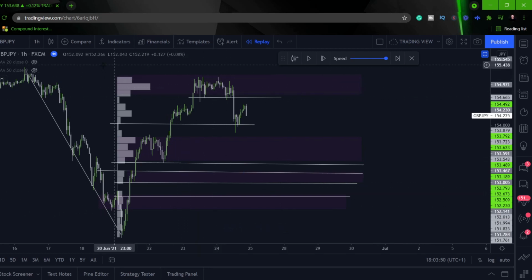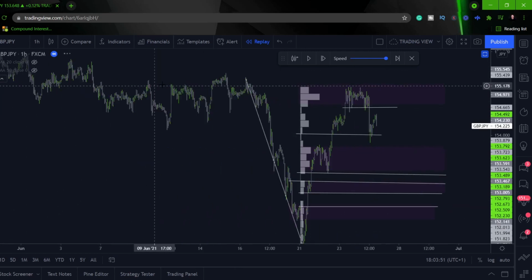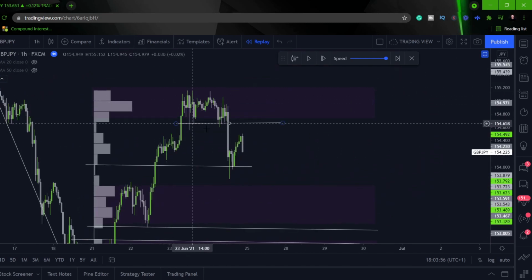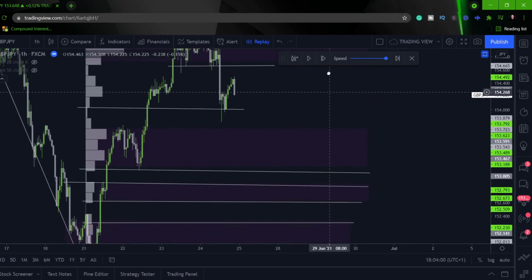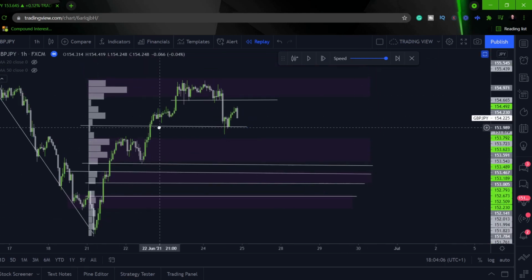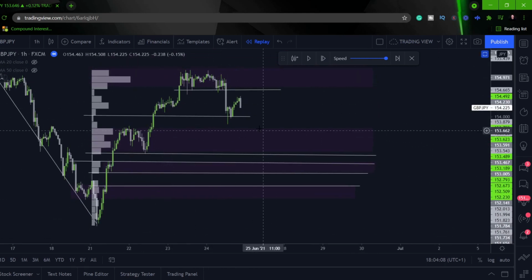Obviously we know that we've just tapped into an old demand zone through here, and we've started to see some accumulation. We've seen a strong push up. If any of you are familiar with Elliott waves, we've had our three drives, started to accumulate, and we've started to see a drop off.